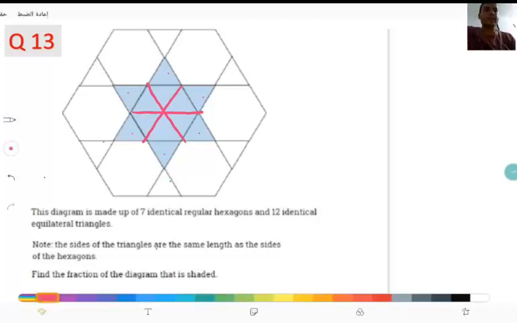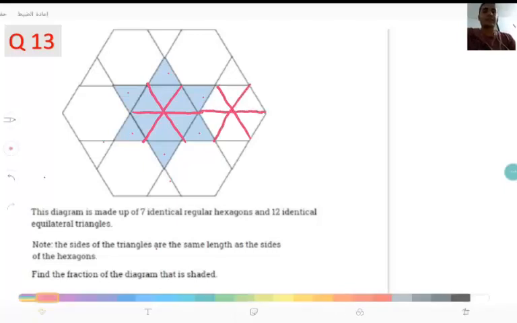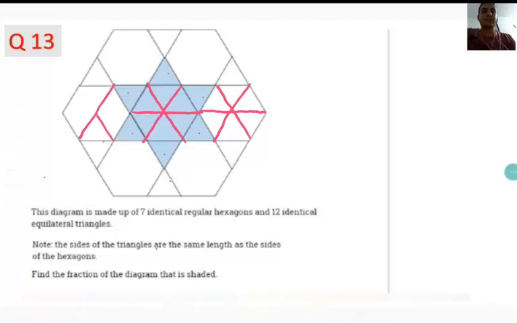Let's do that: divide all the hexagons into 6 equal triangles, like that. This one and this one. Why do I do that?